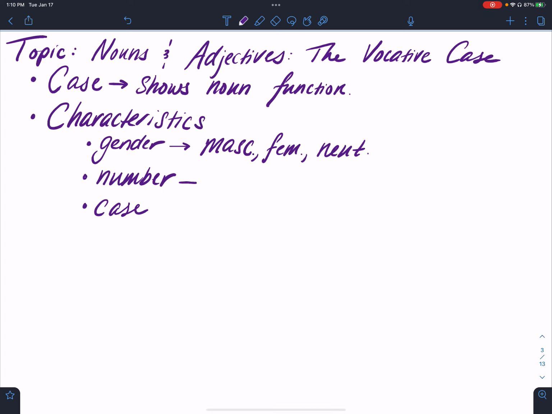In terms of number, similarly to verbs, what are my two possibilities, Augusta? Yep, good. And finally, case. What are the cases, Valentina?